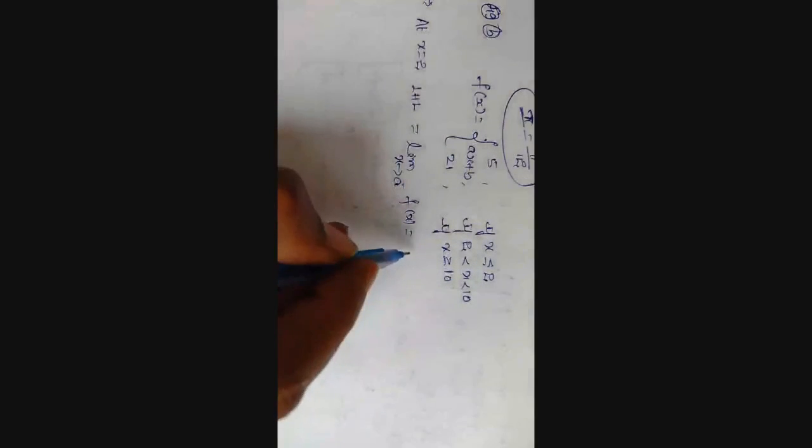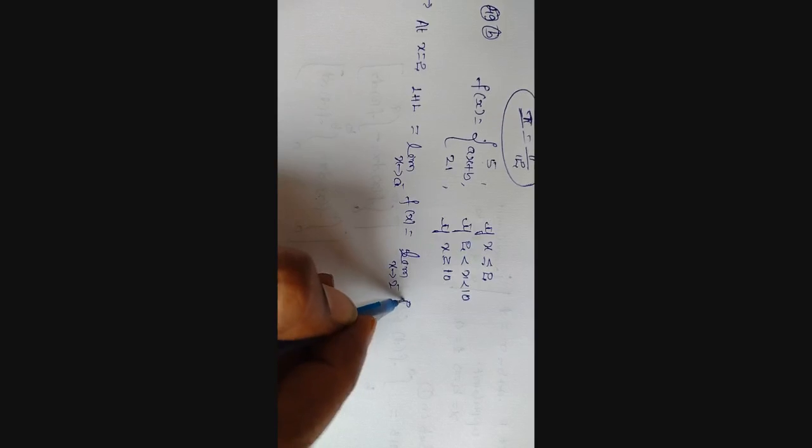So here, first we take the solution at the point x is equal to 2. At x is equal to 2, the left hand limit LHL is equal to limit x tends to 2 minus f of x. The left hand side means here we take 5, limit x tends to 2 minus 5 is equal to 5.